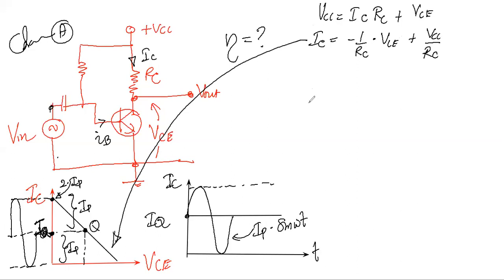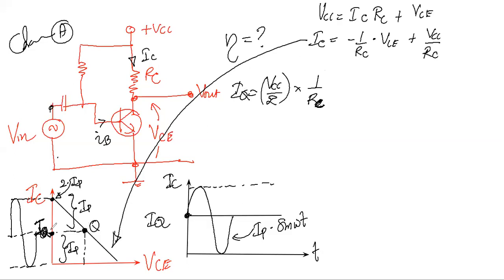Similarly, you can compute IQ if you take the peak value VCC divided by 2, and then divide this voltage by RC.